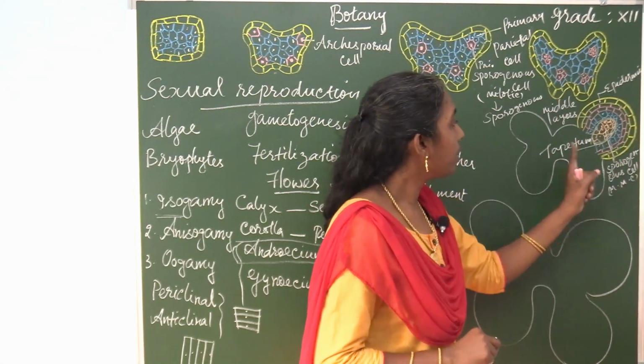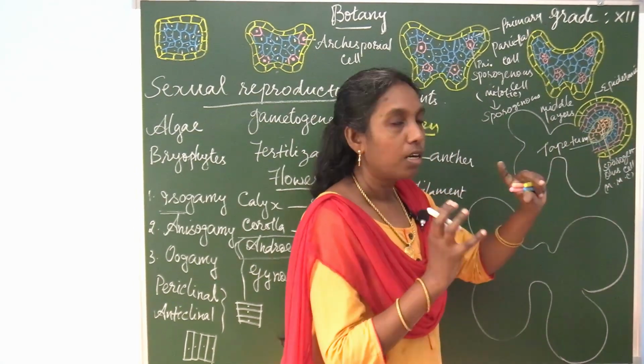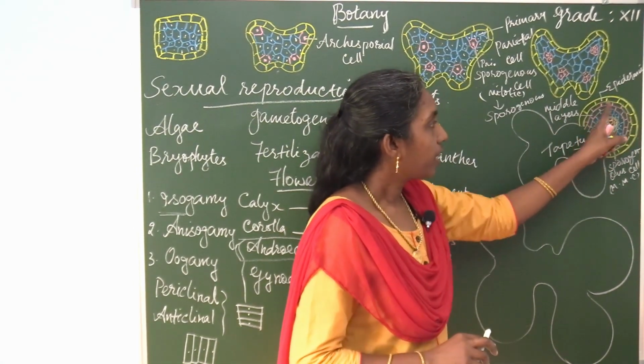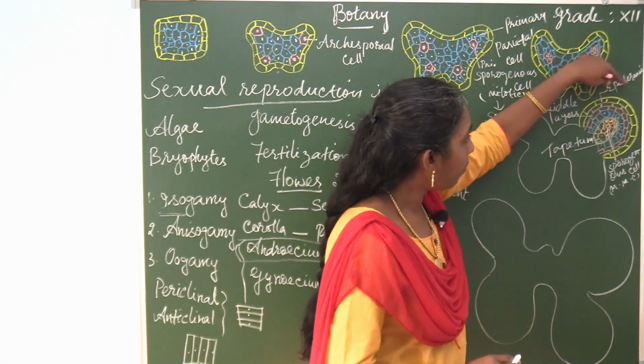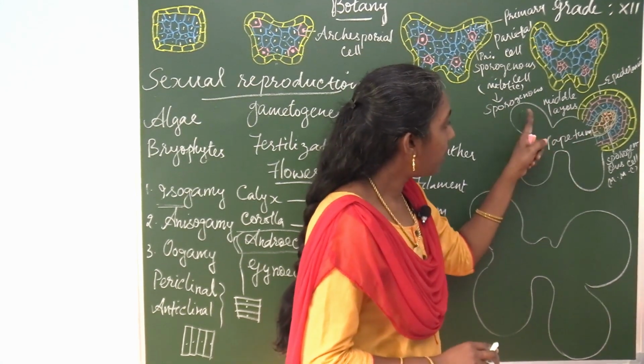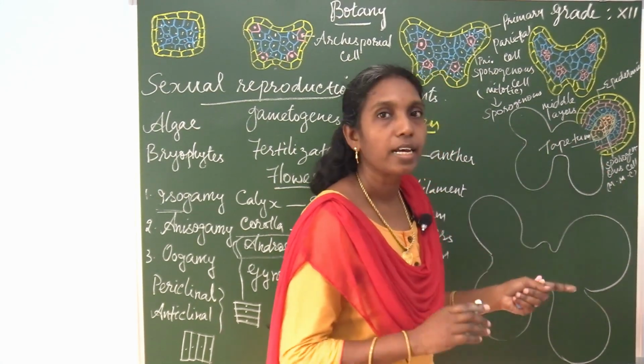Now, in this anther, only one part is enlarged. The outer layer is the epidermal layer, this layer is the middle layer and this layer is the tapetum.